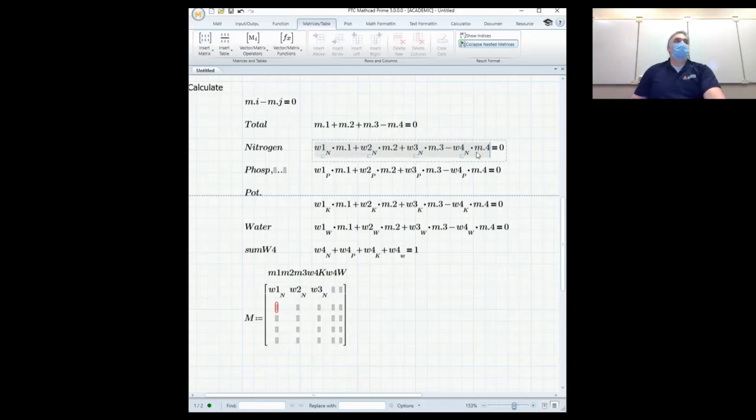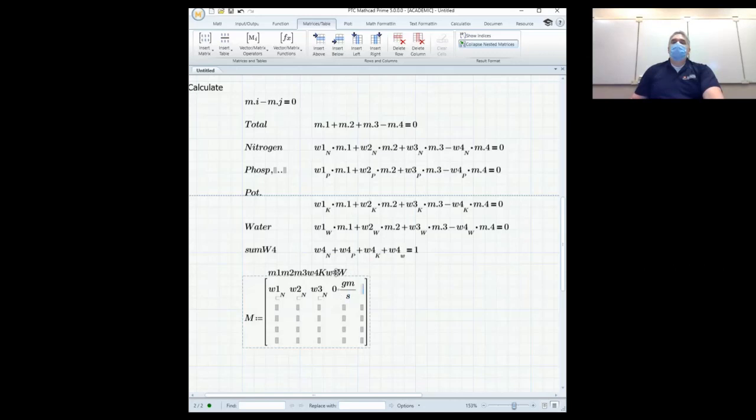There is no W4K, so that is a 0. Now, I'm going to put 0, but you have to notice that this equation has units. The unit for each of these terms is mass per time. So we need to put in here 0 mass per time. So let's put grams per second.